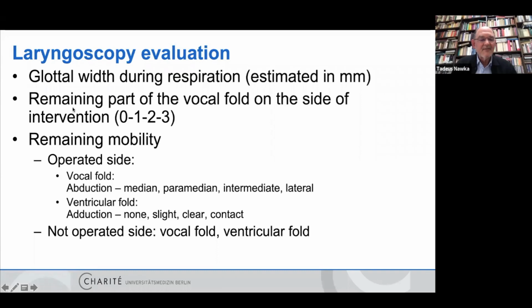And then concerning the voice, it's important to know how much of the vocal fold is remaining after the intervention, and how mobile are these rests of the vocal fold or of the non-operated vocal fold. You see that it's very difficult and it's not standardized yet. So we only can give a try to an evaluation of the laryngoscopy.